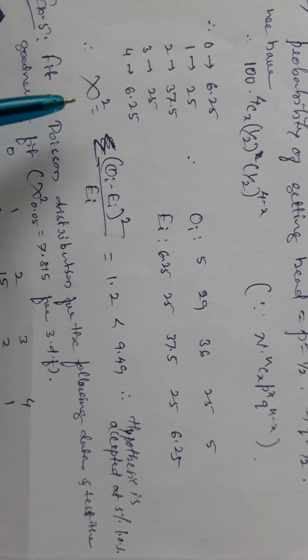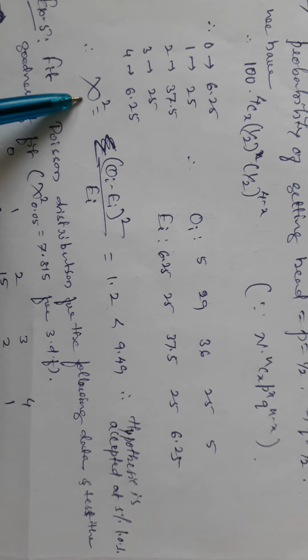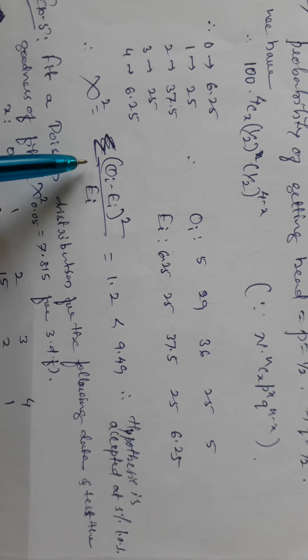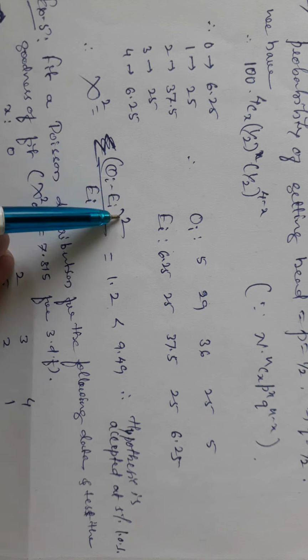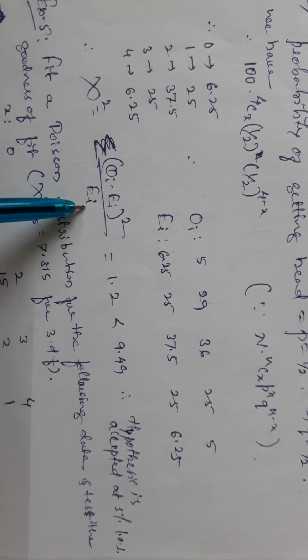Then we have the formula chi-square equal to summation of observed value minus expected value whole square divided by expected value.